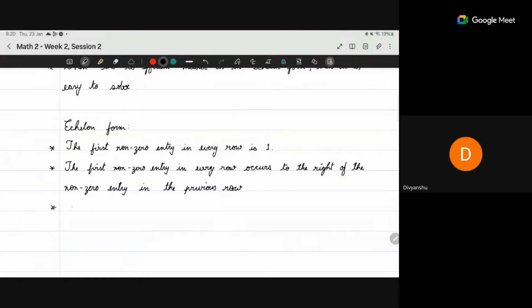And rows with only zeros are at the bottom.